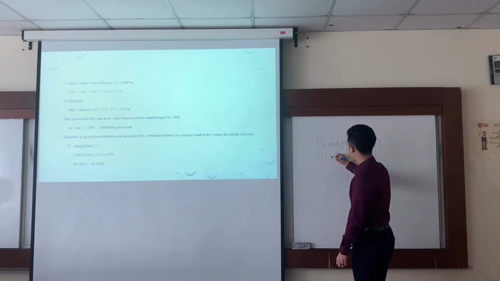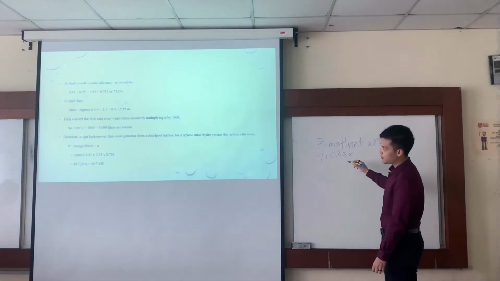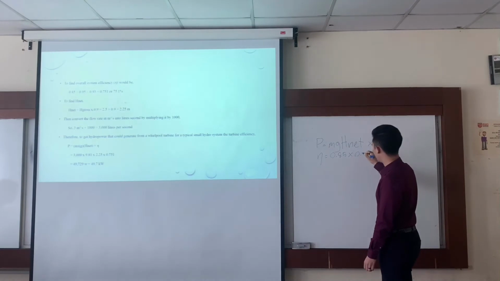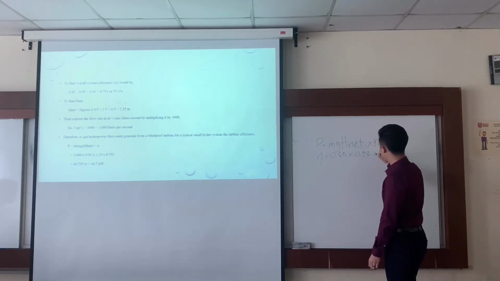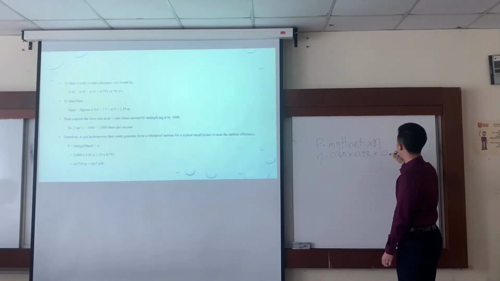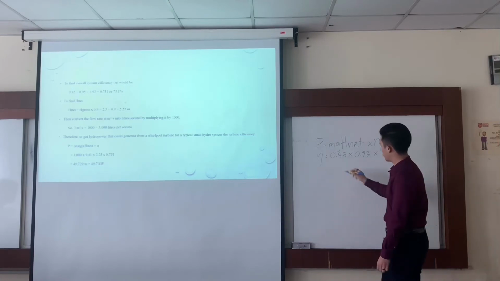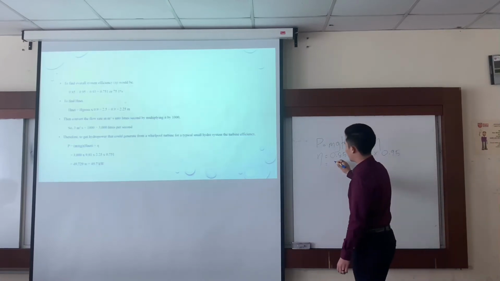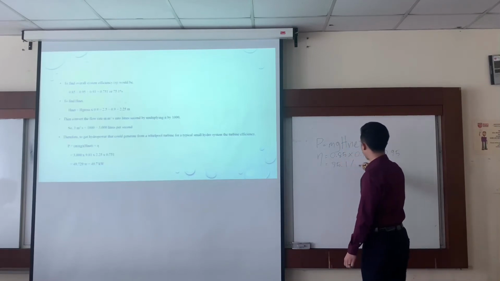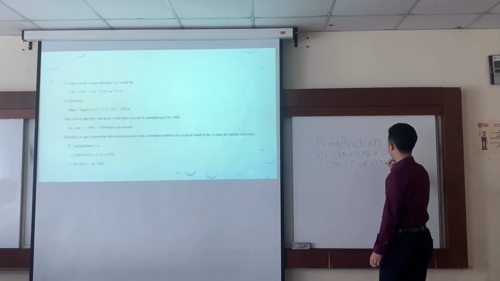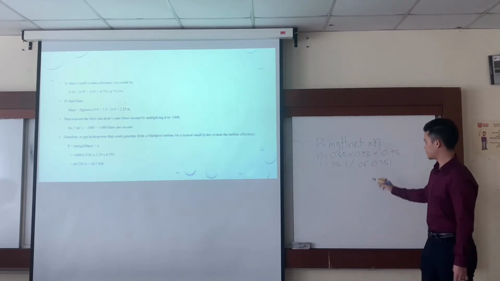So 85% is 0.85 multiplied by 93%, which is 0.93, and the last one, 95%, is 0.95. When you calculate, you will get around 75.1% or 0.751. This is for the efficiency.